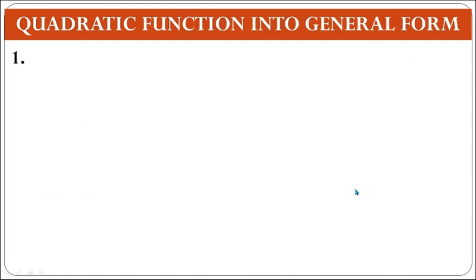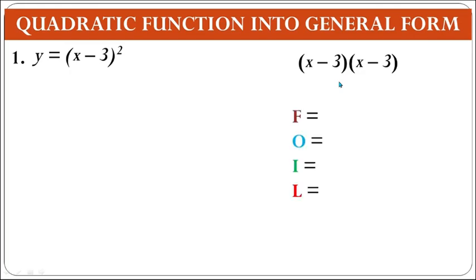Now let's reverse, from vertex form to general form or standard form. This square of x minus 3 can also be written in this form: x minus 3, then x minus 3. So, they are the same. When you square this, you can use any method in multiplying polynomials. Here, we will use the FOIL method.